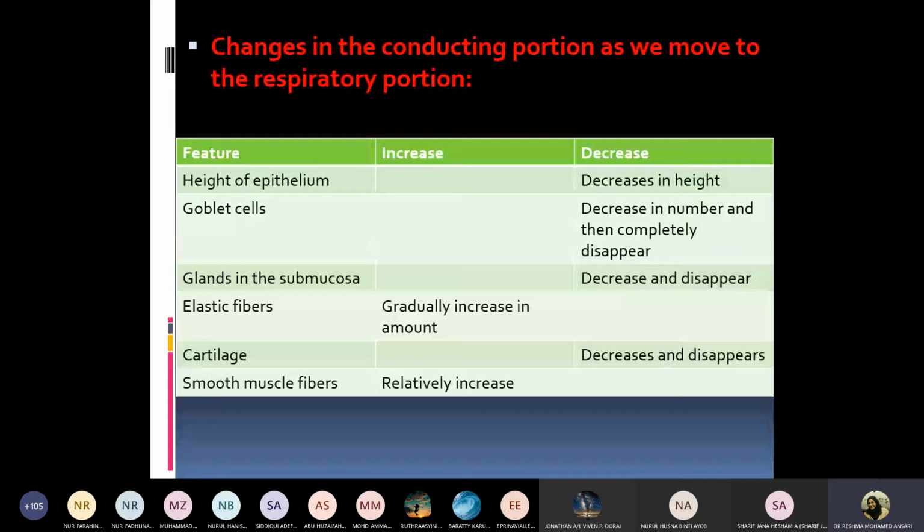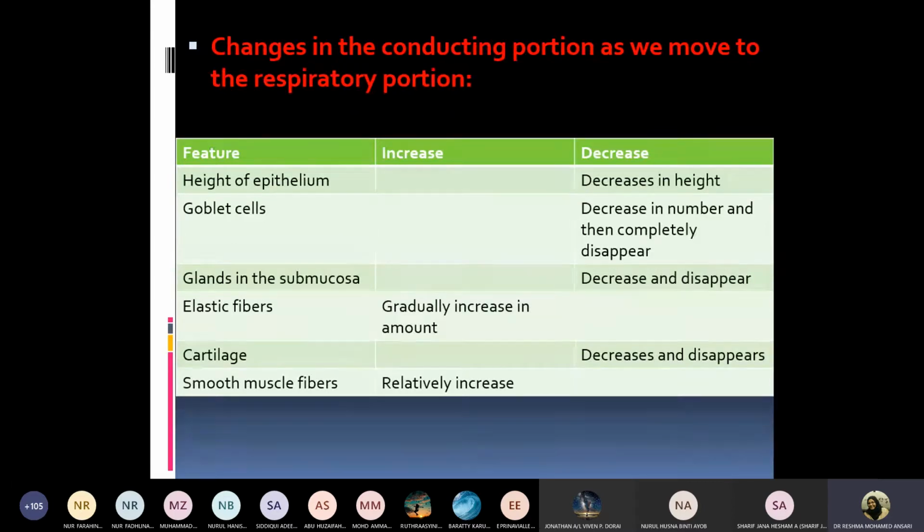So in your conducting portion, the height of the epithelium is very high, with more goblet cells, more glands, more cartilage, because you want the airway to be open, you want to humidify it, you want to warm it, you want to secrete a lot of mucus to protect your airway. When you go to your respiratory portion, you want a flattened epithelium just for gaseous exchange.